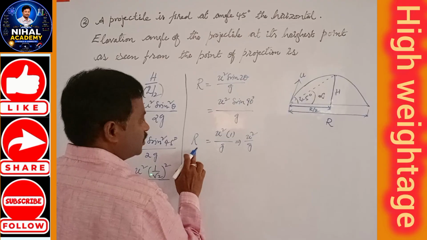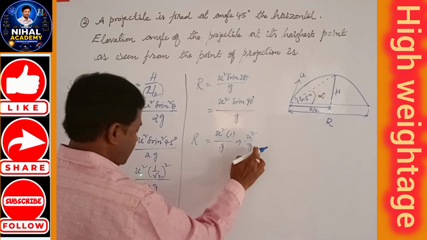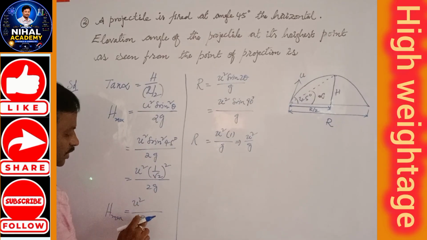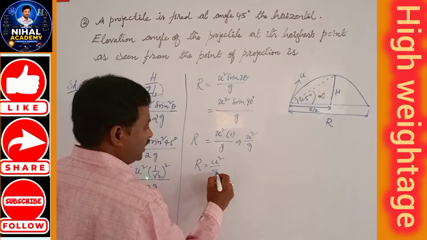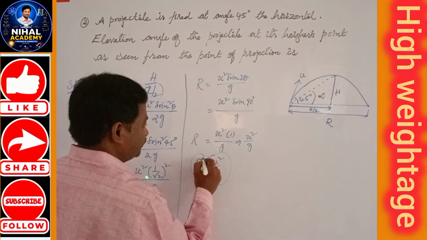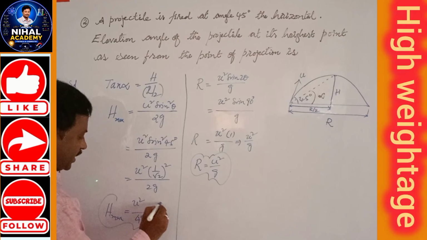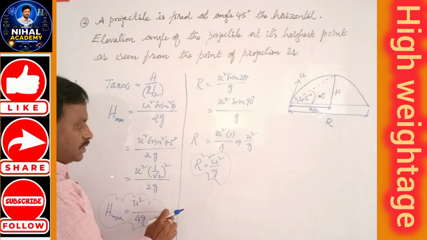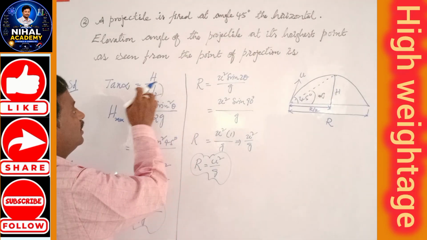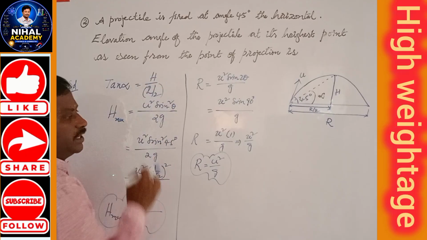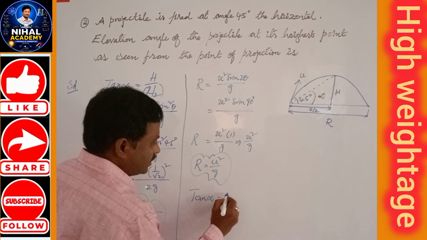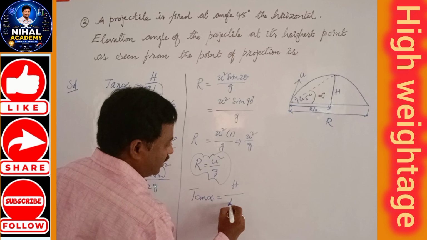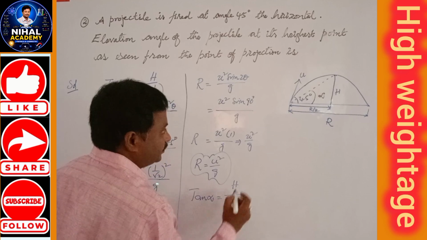So we calculated the range R, that is u square by g, and the h maximum is u square by 4g. Now we will substitute these values in tan alpha is equal to h by r by 2. So tan alpha is equal to u square by 4g divided by r by 2.